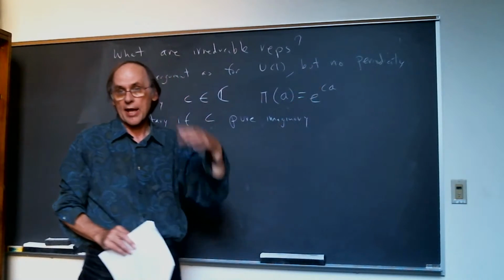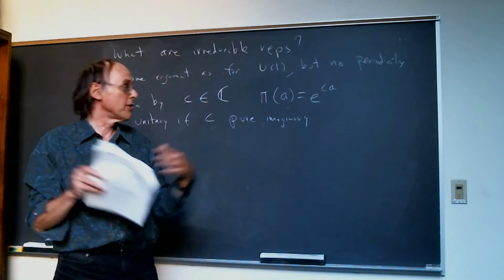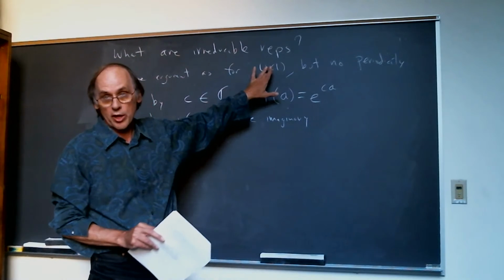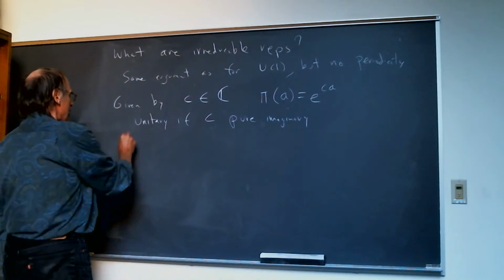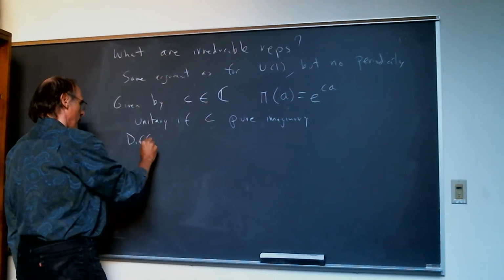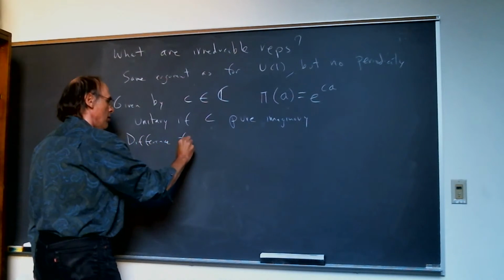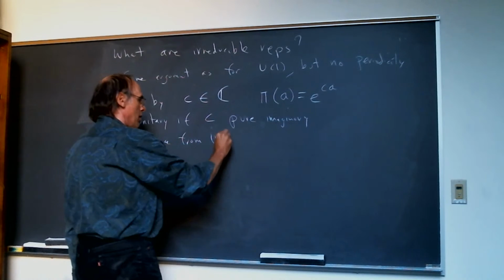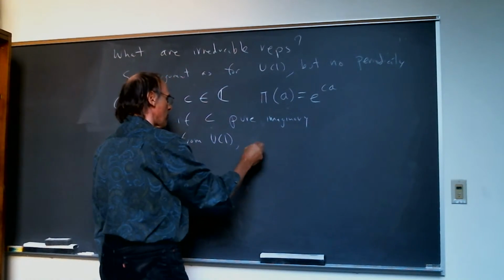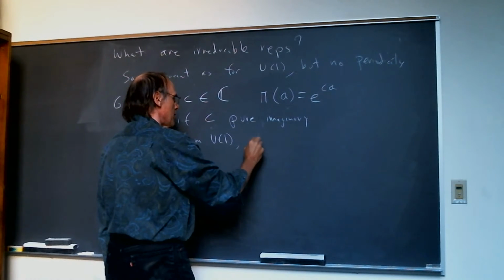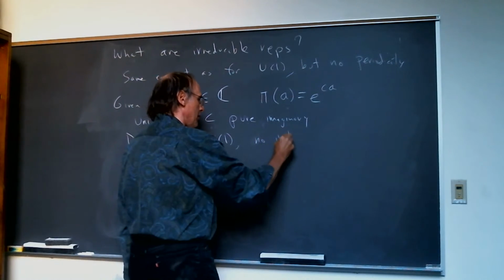If they're pure imaginary and an integer, then you get period 2 pi and you get U1. So the difference from U1 is that there's no integrality.